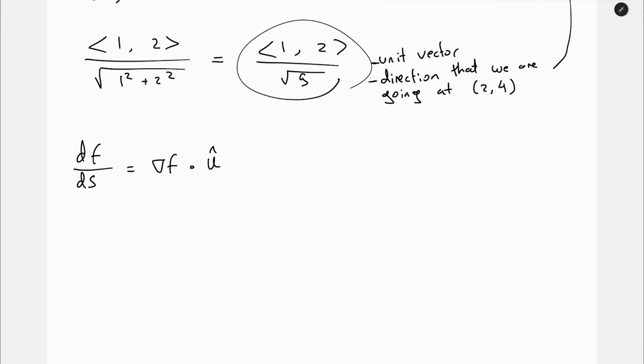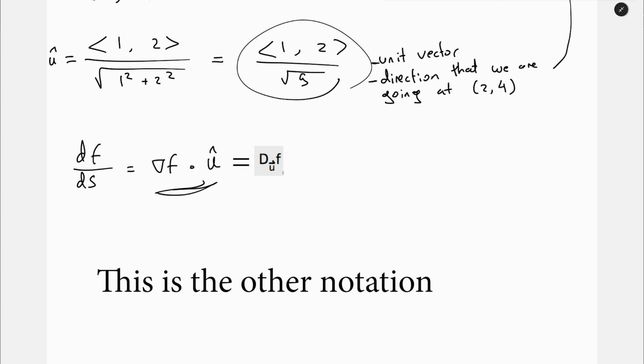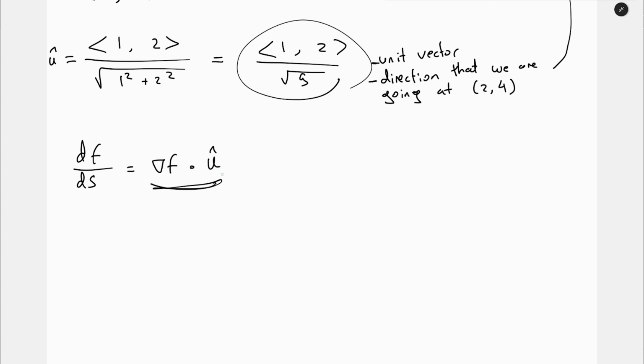So this is our now unit vector, and if we dot product the gradient vector at the 2, 4 location, we get an answer.